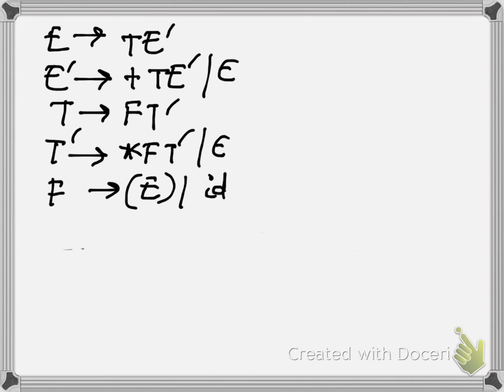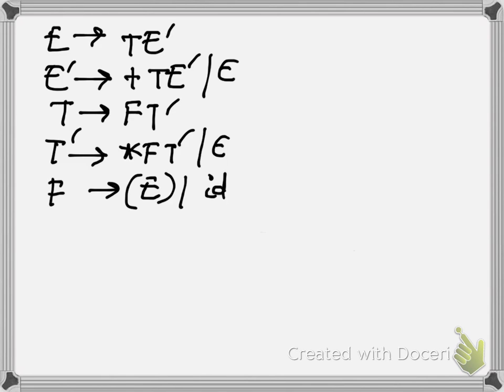Now this is a common grammar that we have already seen before. What we are going to do is see how we can do top-down parsing using this. We are going to construct a parse tree beginning from the start symbol, and we are going to add the nodes to the parse tree in a pre-order form.